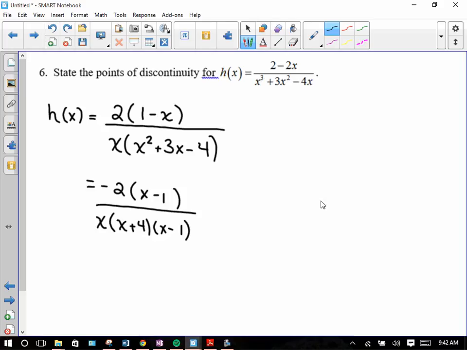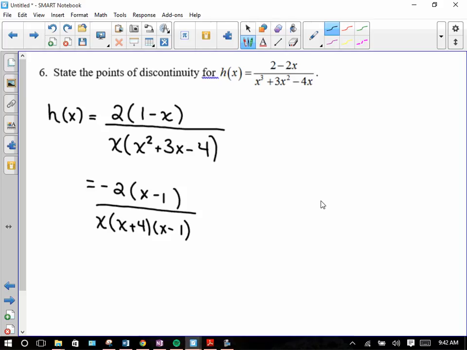Okay, so I see a couple places that I might have solutions. My denominator can't equal 0. Therefore, this x can't equal 0, this x plus 4 can't equal 0, and this x minus 1 can't equal 0.